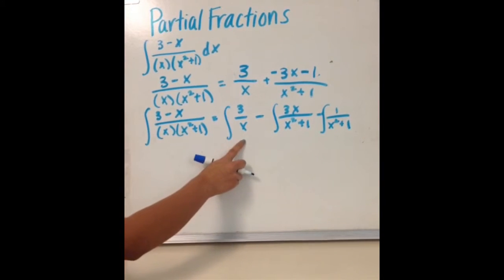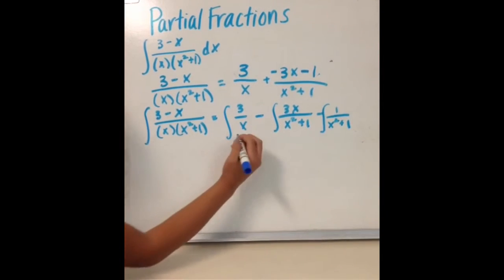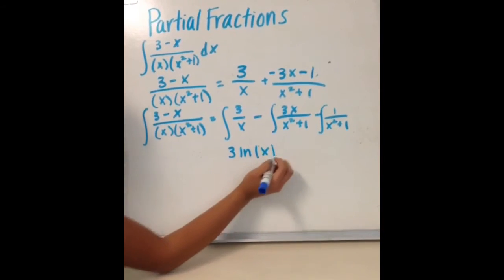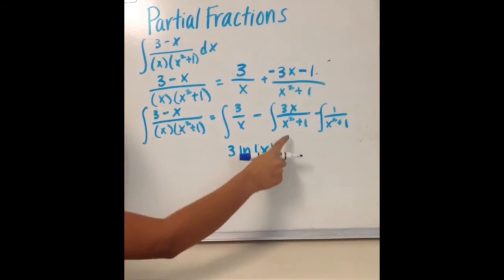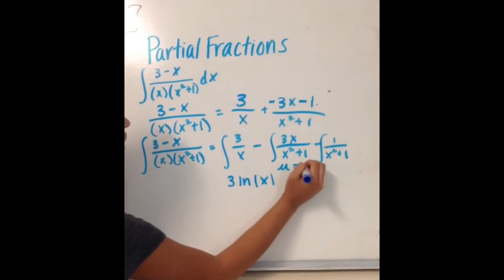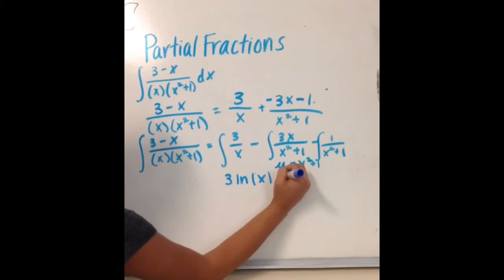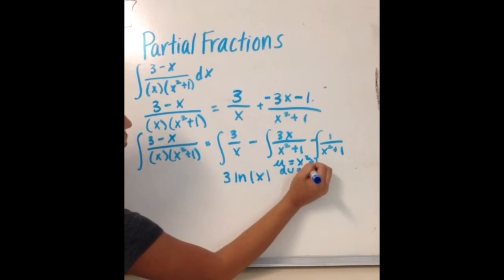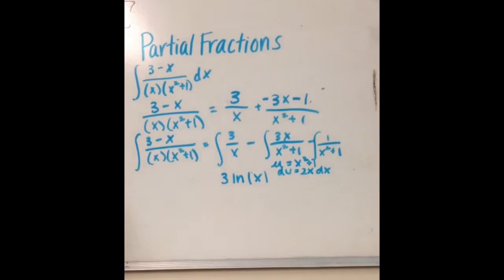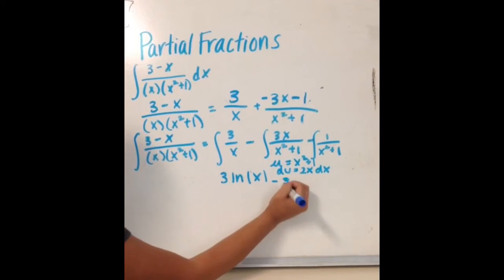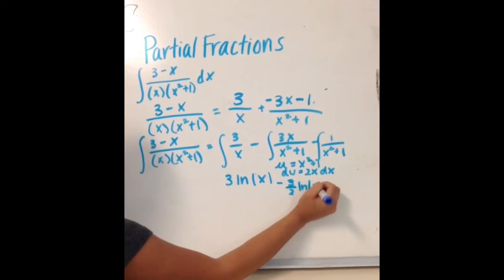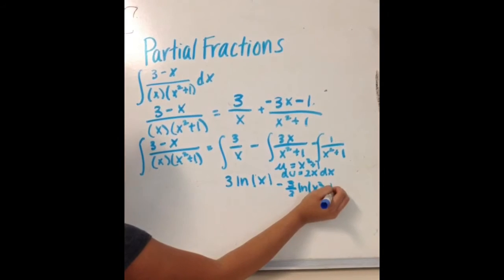This integral is pretty easy to take. It's just going to be 3 ln of x, and this integral is going to be a little harder. We're going to have to use u substitution, so u is equal to x squared plus 1, du equals 2x dx, and then by that we know that this will end up being 3 halves ln of x squared plus 1.